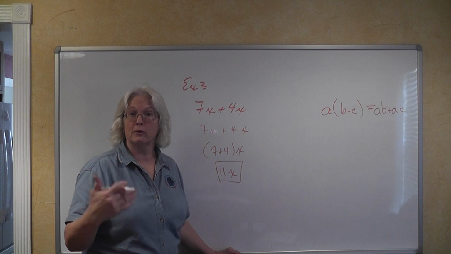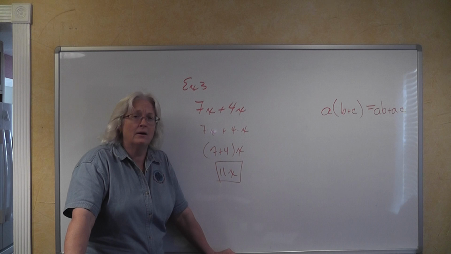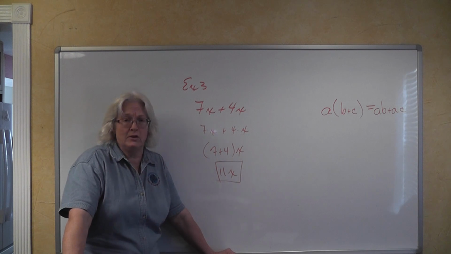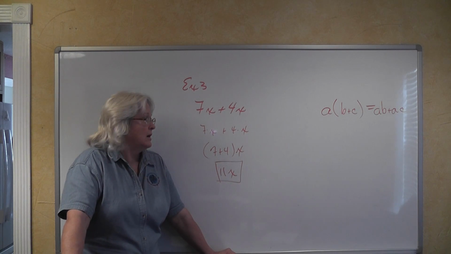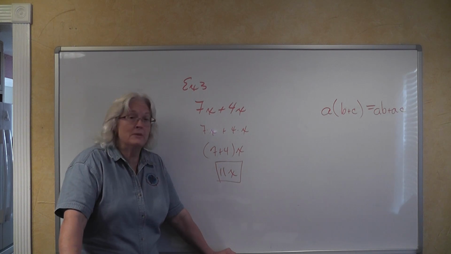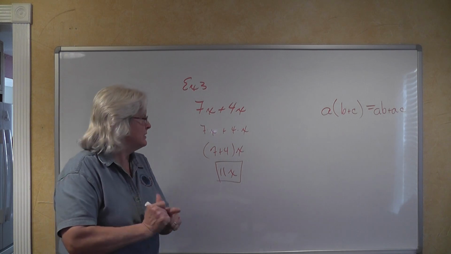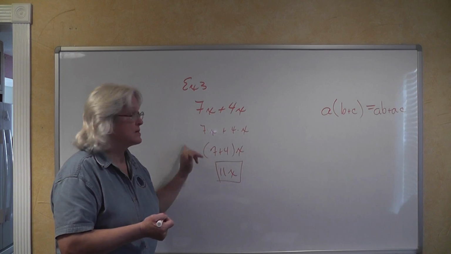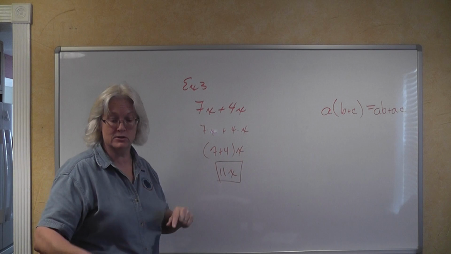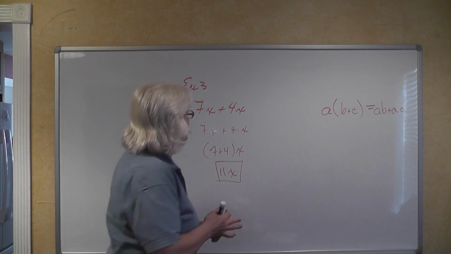Now, sit back and replay that if you want to, or watch and say, oh my word, that is really confusing to me. I happen to think it's a little bit awkward way to describe this, but they want you to see that there's a connection, that the reason that you can combine like terms is because of the distributive property.